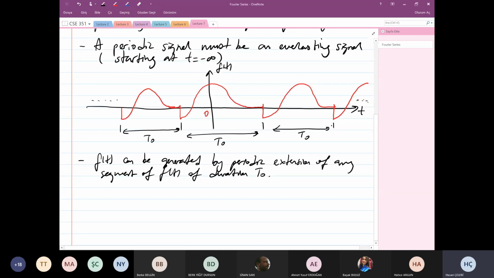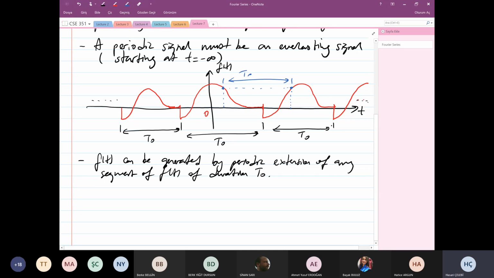If I take a segment starting from here up to one period, which goes to here, this is a T0 segment.